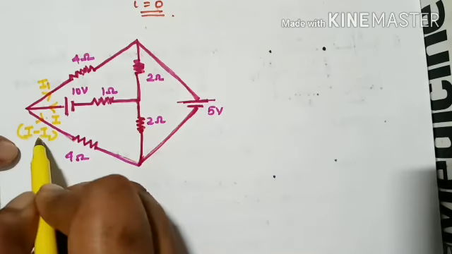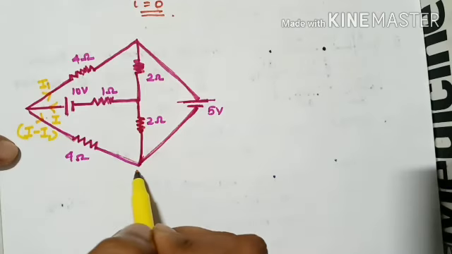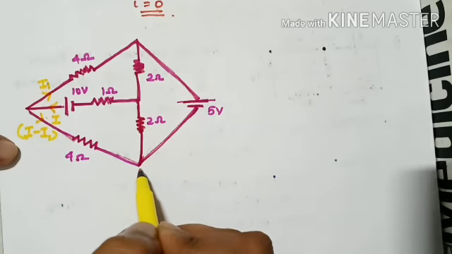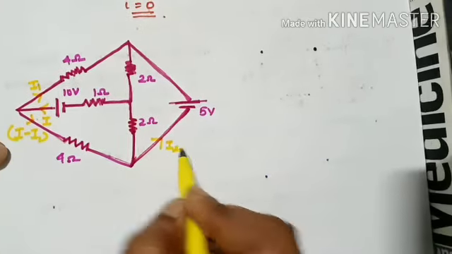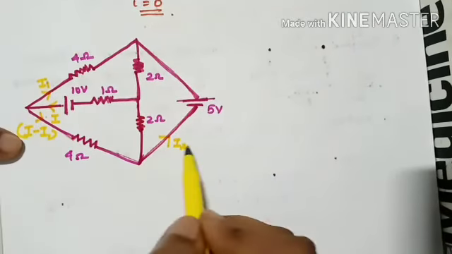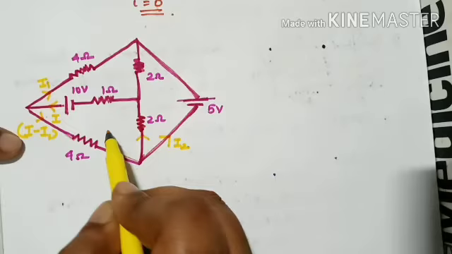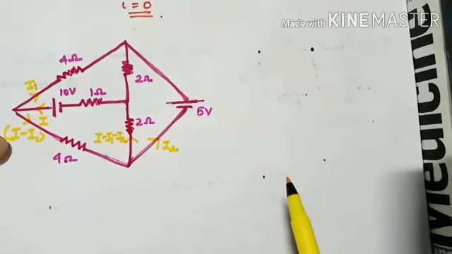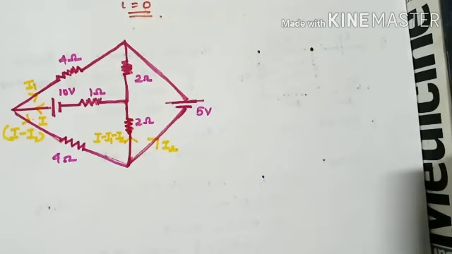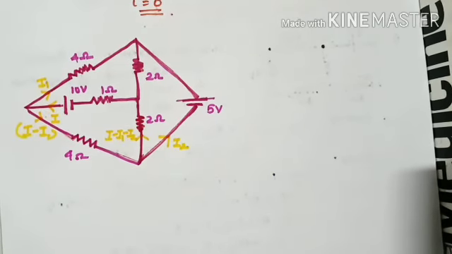Now this current has reached this junction. At this junction, suppose I name this one I2. That is, out of this I minus I1, I2 has been lost, which means the remaining will be I minus I1 minus I2. Are you able to see? Should I write it with pen? I think I have to write it with pen.